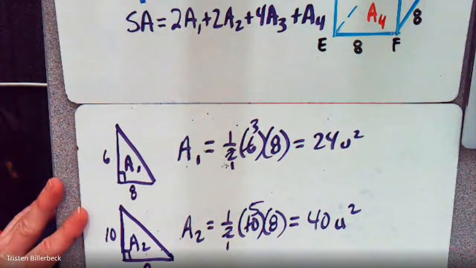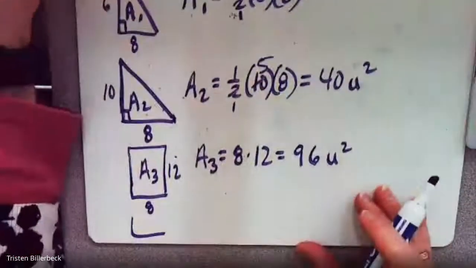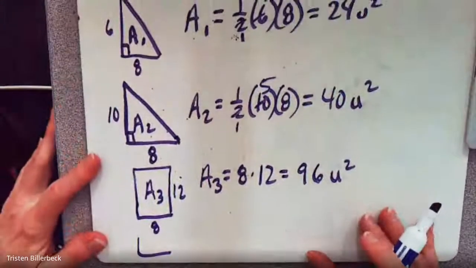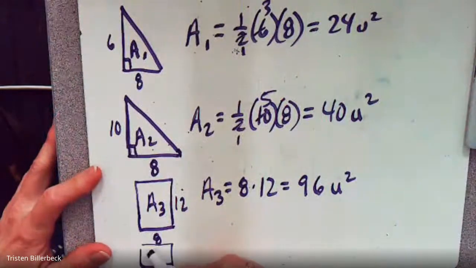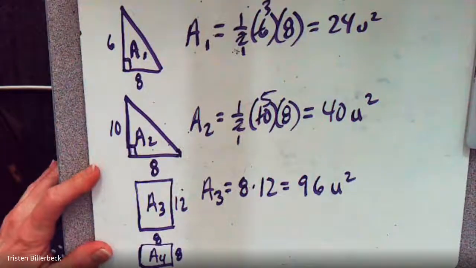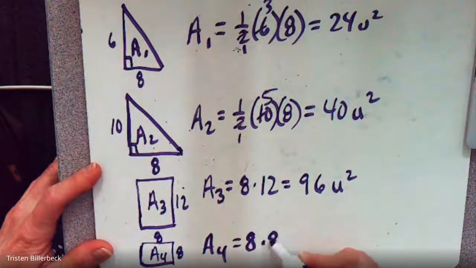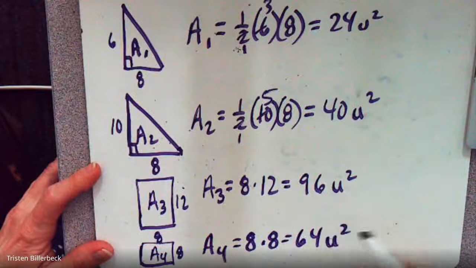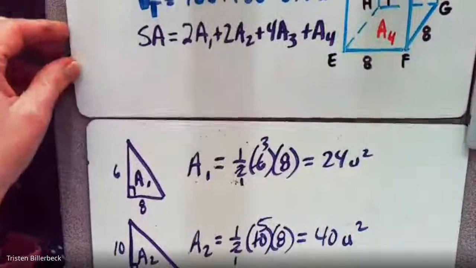And then A4 is just a square with sides 8. Okay, so A4 is 8 times 8, which is 64 units squared. Okay, now let's put all that in here.